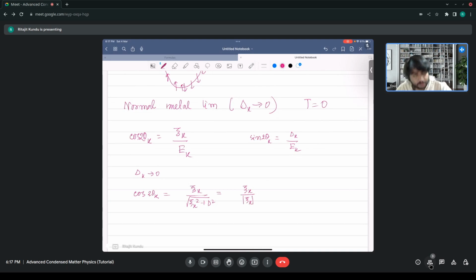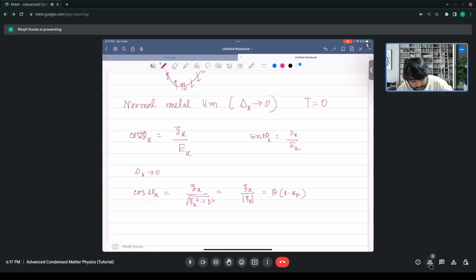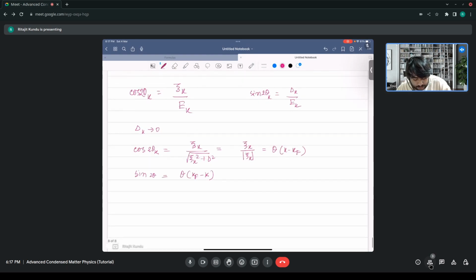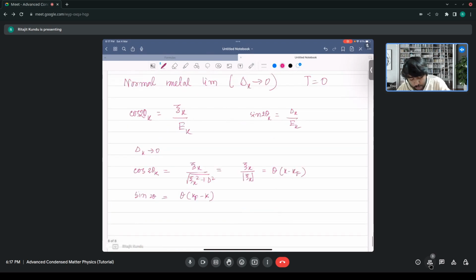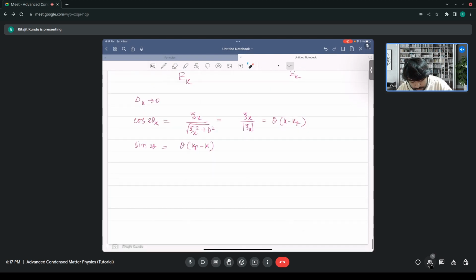Okay, and so this basically becomes a Heaviside theta function of k minus kf, and for the sine 2 theta, if you take the limit carefully, sine 2 theta becomes a delta function of kf minus k. Okay, so this is what these two parameters of the wave function become in a metal.